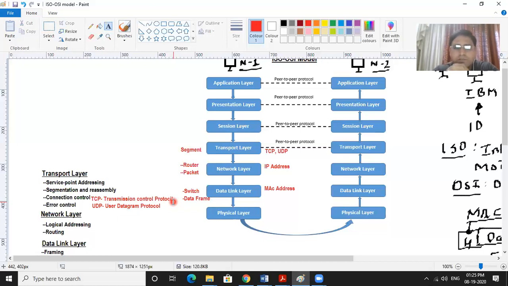Once the acknowledgement is received by the sender, node 1, it will start transmitting the segments. That is why it is also known as a three-way handshake. Firstly, the transport layer of the sender will establish a connection with the transport layer of the receiver. Then the transport layer of the receiver will send an acknowledgement that yes, I am the one.